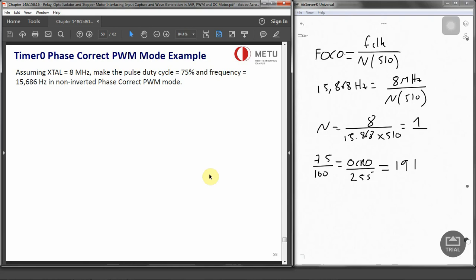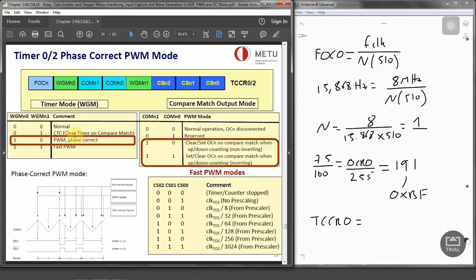So once again, we set that to be hex BF, and for the TCCR0, as we are going to use non-inverted phase correct PWM, phase correct is 1 0, that means that's going to be 1, that's going to be 0, and COM is non-inverting, so it has to be 1 0.